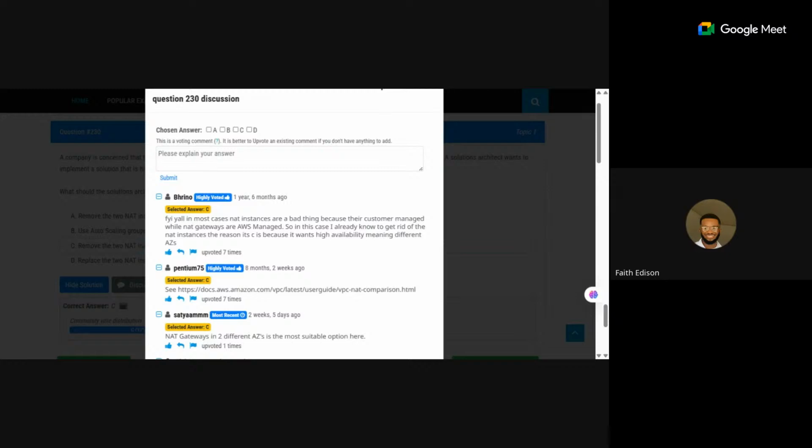NAT instances are a bad thing because they're customer managed, while NAT gateways are AWS managed. Oh, are they? That's nice to know. So in this case, I already know to get rid of that instance. Interesting.